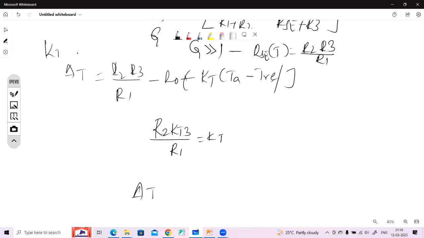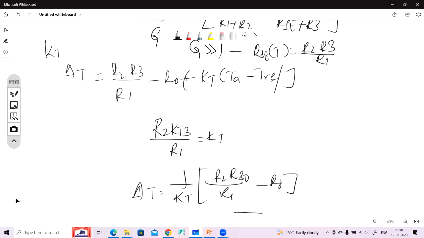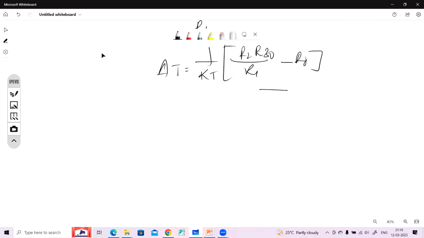So delta T with respect to measurement of small change is 1 by Kt, R2, R3 naught divided by R1 minus R0.